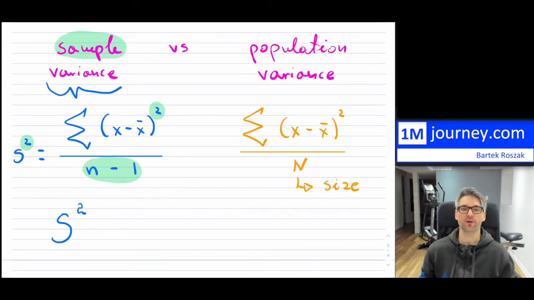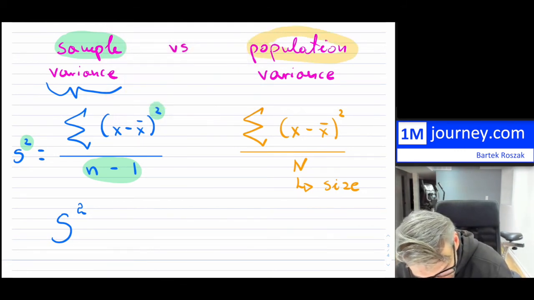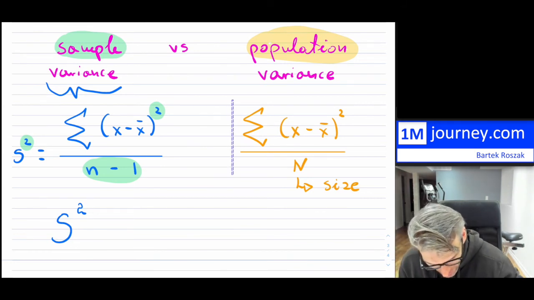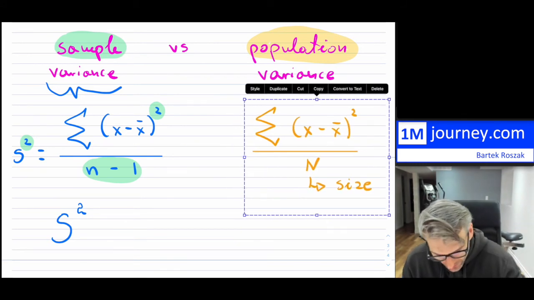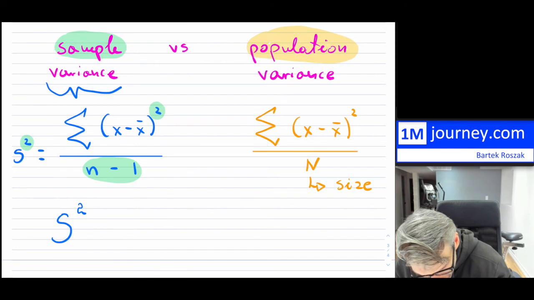That's the sample variance. While if you're talking about the overall population, the population variance, and you're calculating this right here, then they use a different symbol, the Greek sigma squared.